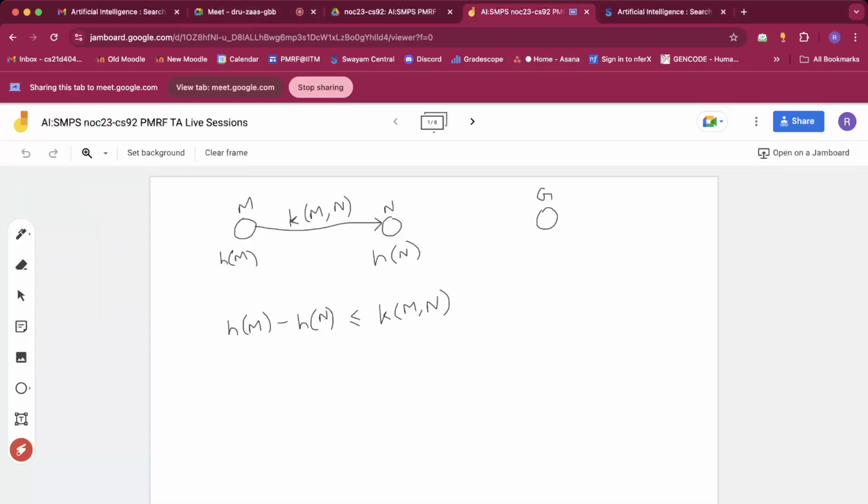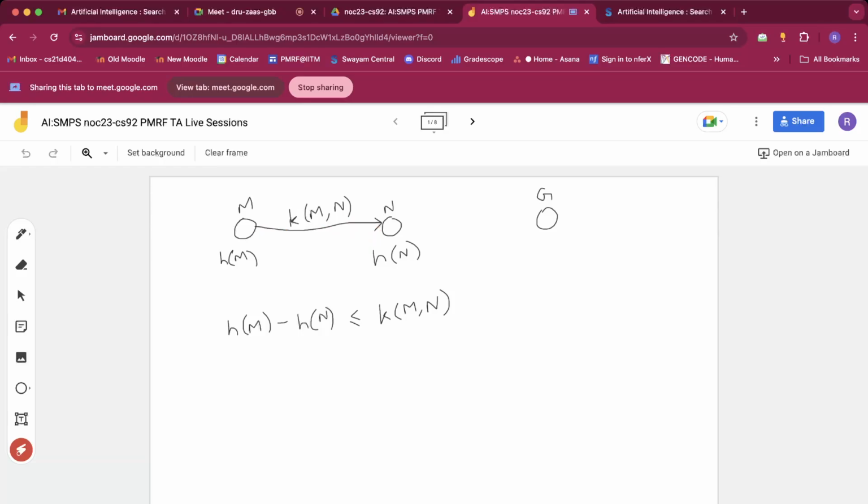Consider we have two nodes M and N. There is an edge connecting M and N where the direction of the edge is towards the goal node. So this G is some goal node and we have some edge going from M to N in the direction of the goal node.